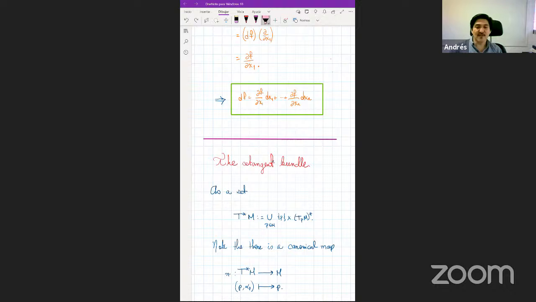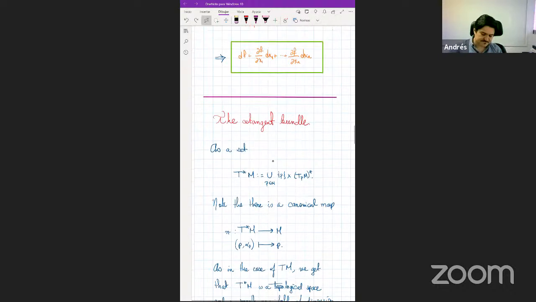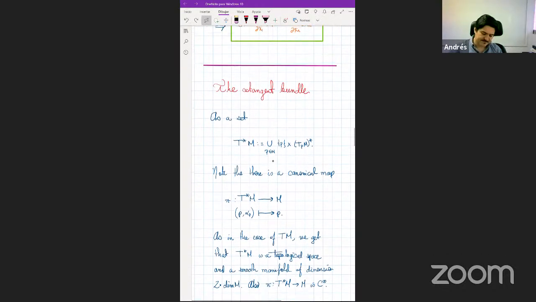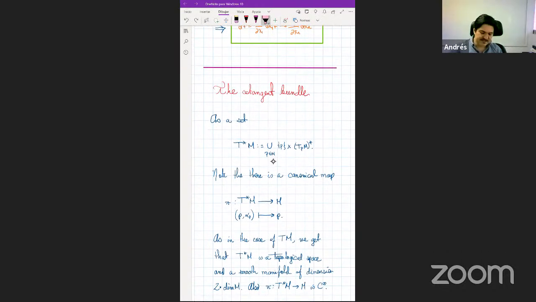And then after that, we need to construct an atlas, and then we will have that it is a smooth manifold. And this is exactly the same line of ideas as the ones that we used for the tangent bundle. Okay? The dimension will be twice the dimension of M.